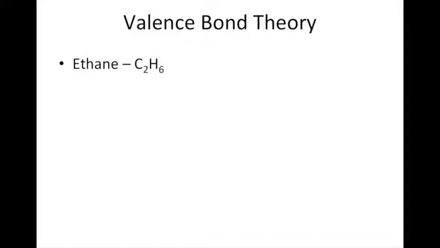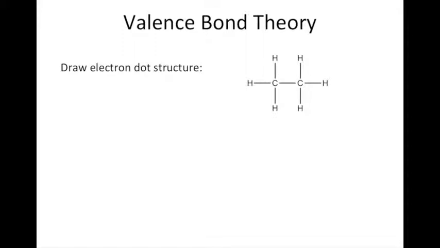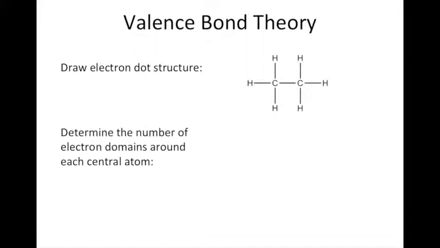Okay. So the first thing we have to do is draw our electron dot structure for ethane. You can see that drawn here, pretty simple. Next, determine the number of electron domains around our central atom. Now here, please note that we have 2 central atoms, 2 carbons, so we're going to determine the hybridization for each carbon. We don't combine them, we're looking at each one.